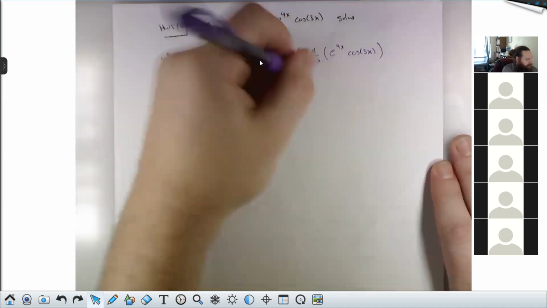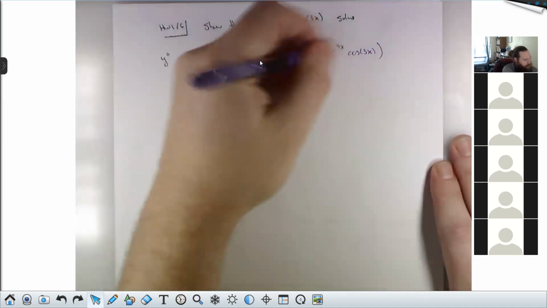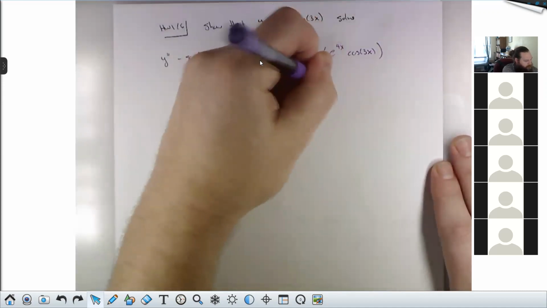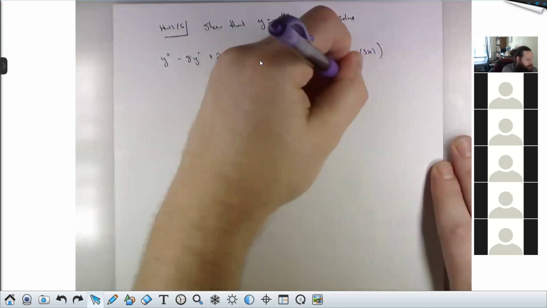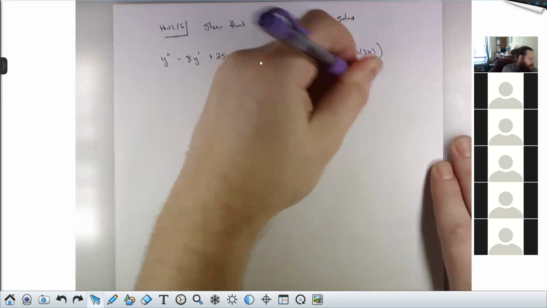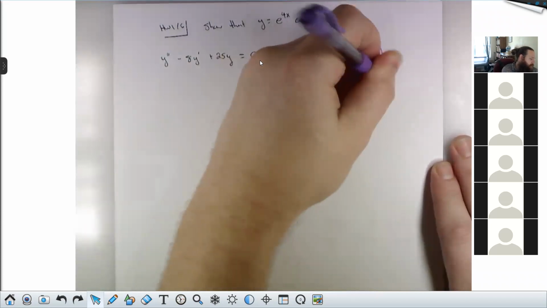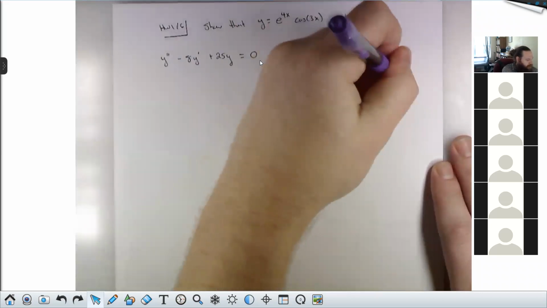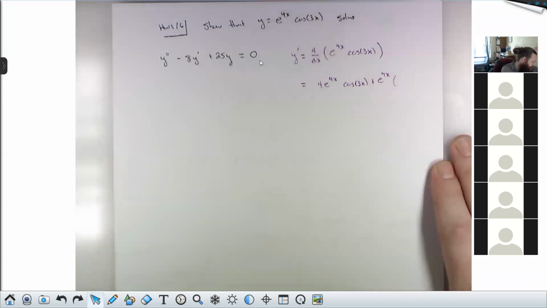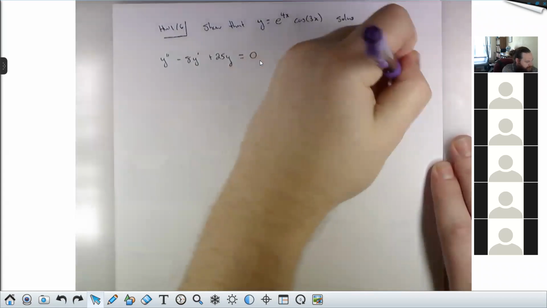To do that, I'll differentiate e to the 4x. That's 4e to the 4x. That's a chain rule. Leave cos 3x alone. And add to that what I get when I leave e to the 4x alone and differentiate cos 3x. The derivative of cos 3x is negative 3 sine 3x.